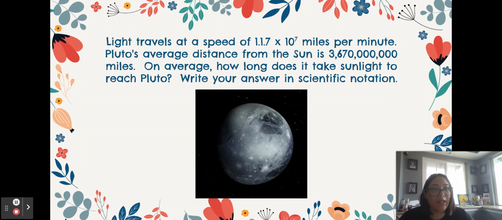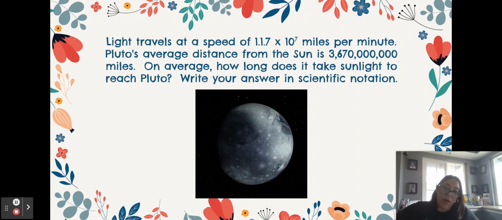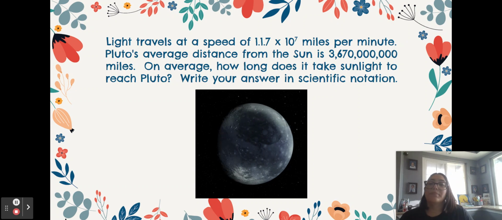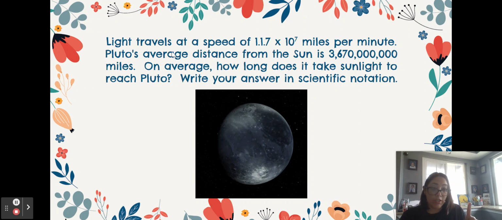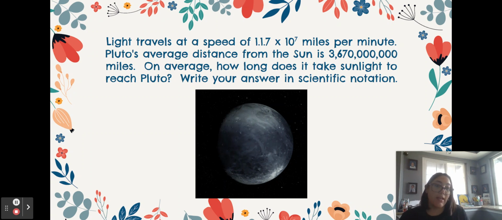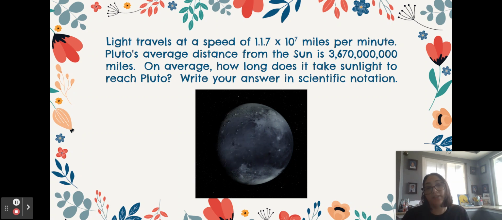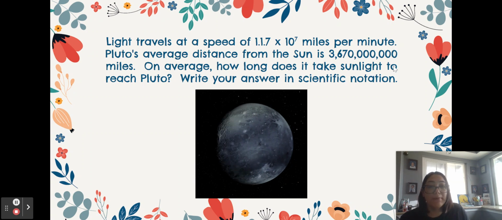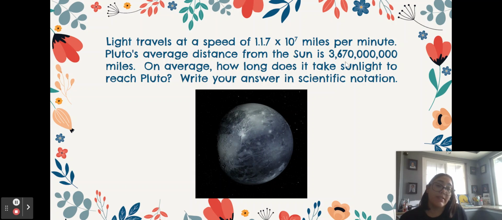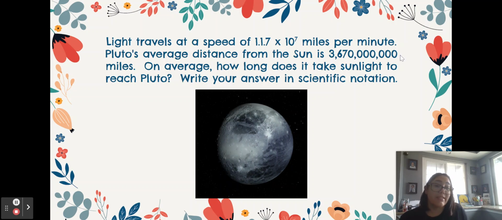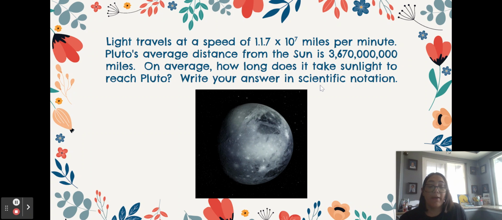This is an example where we would like to keep our whole problem and our answers in scientific notation. When I move to the next slide, I got rid of the 3,670,000,000 and already converted it to scientific notation, 3.67 times 10 to the 9th power.